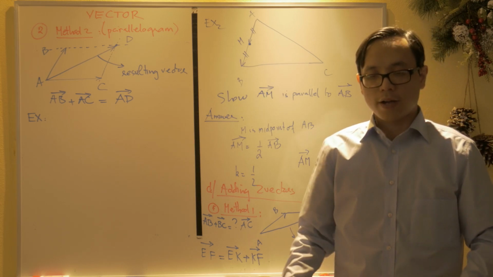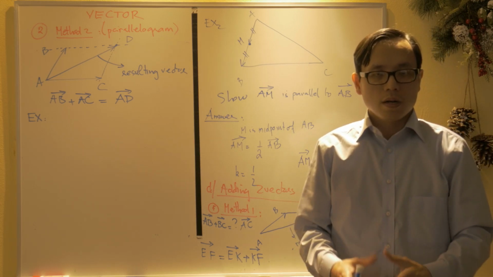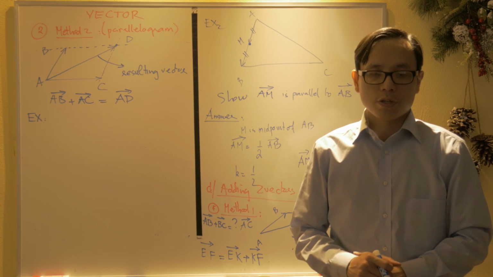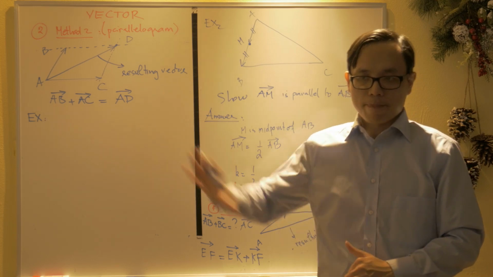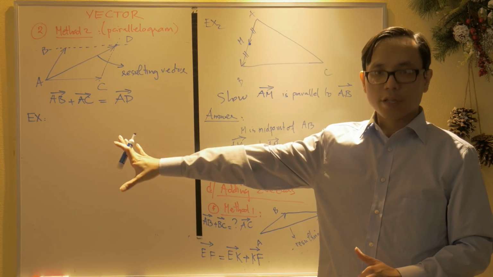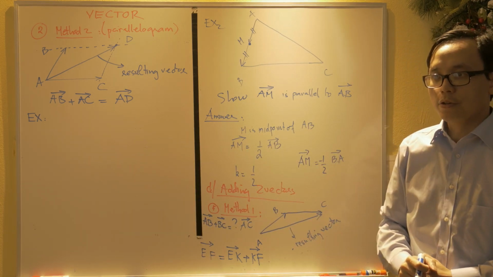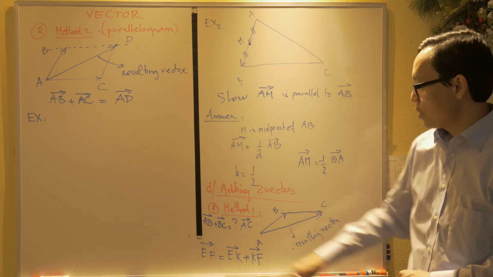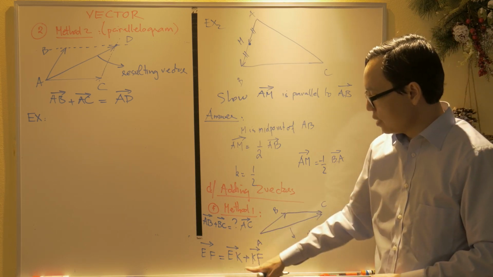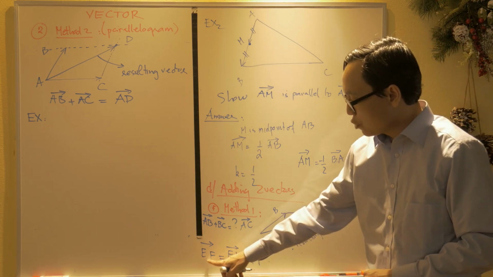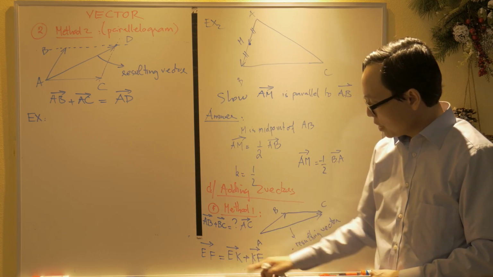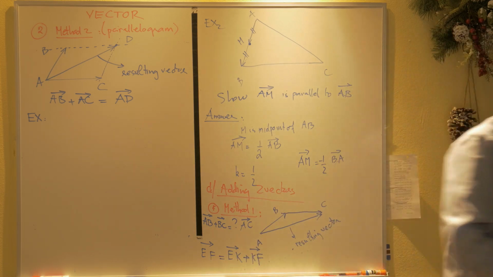On the test or on the final exam, I'm not going to give you a problem like this, but I want you to look into it carefully, because you will see the usefulness of method number 1, and you will see how I insert a letter in between so that I can split it up into smaller vectors.